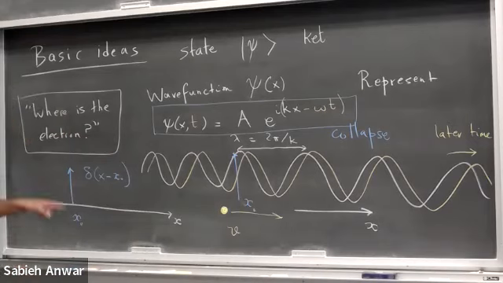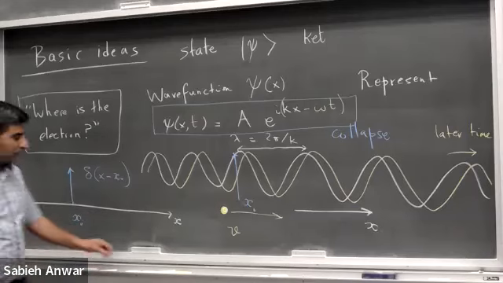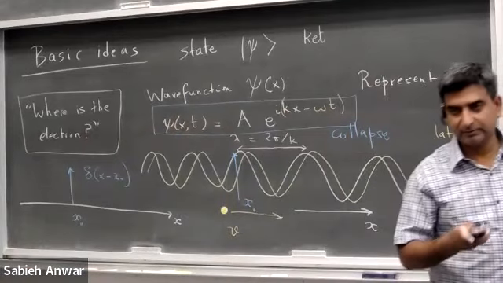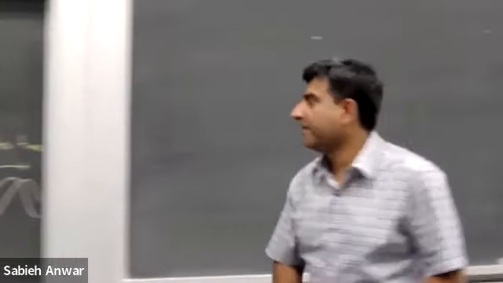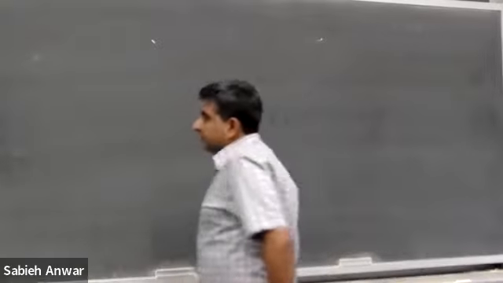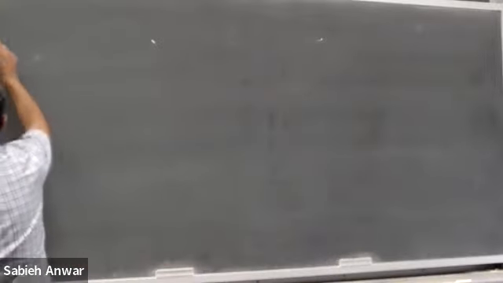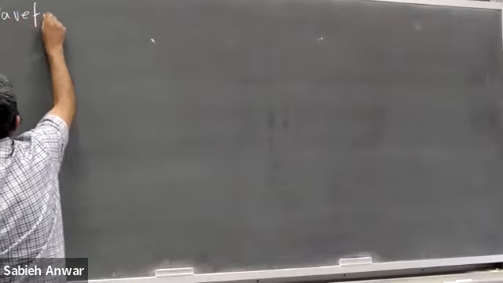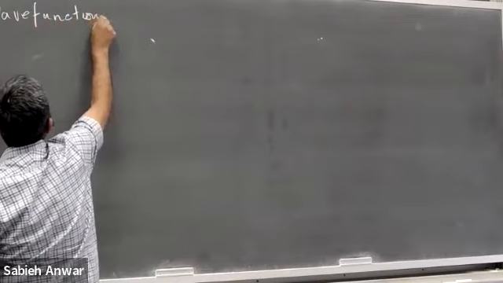right? And there's a certain probability. You always talk about probabilities of whether you would find your electron to be located at x naught, x1, x2, x3. So let me recap, and then I'll take questions. The first thing is, we have a wave function, psi.